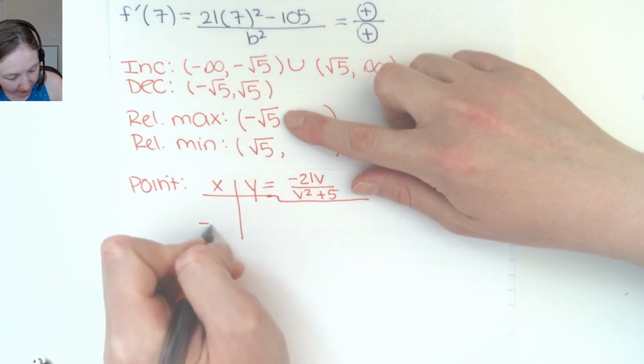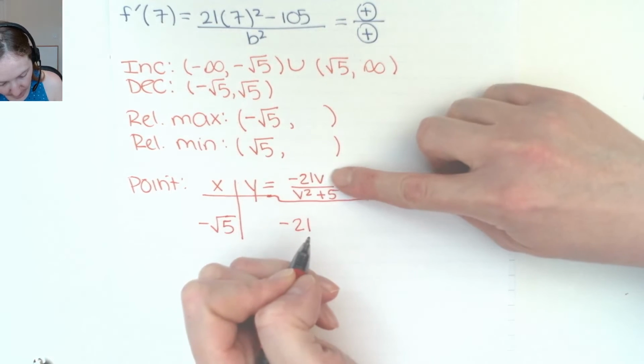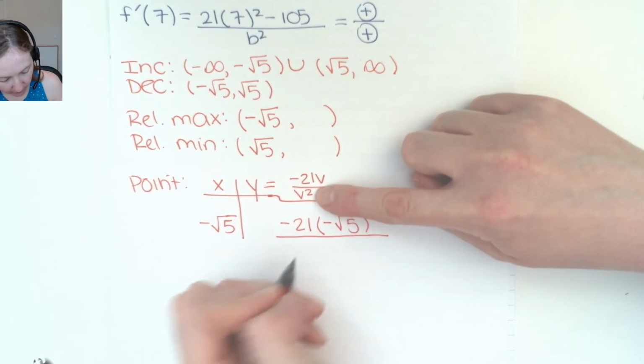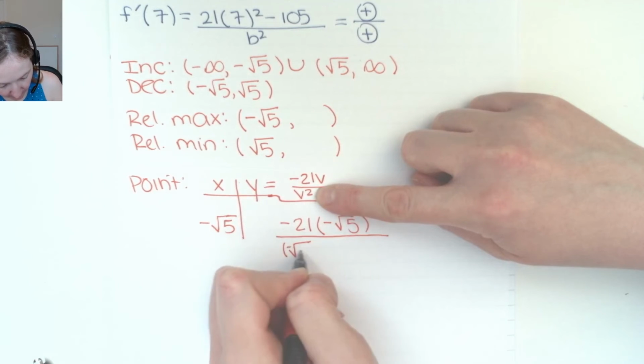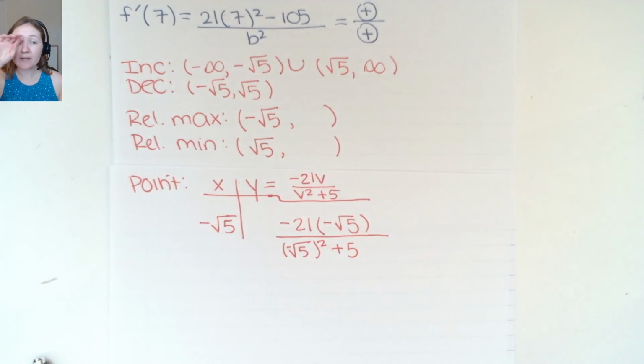So if I plug in negative square root 5, I will have negative 21, and for the v, negative square root 5, over negative square root 5 squared plus 5. Now these radicals, you really can't do too much with them.